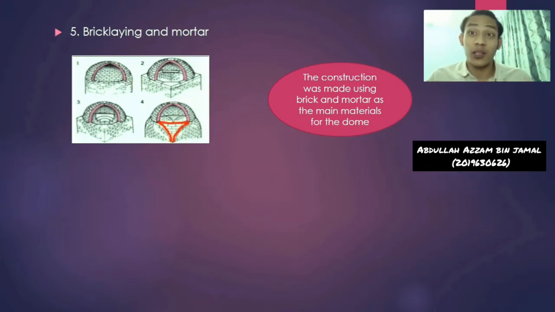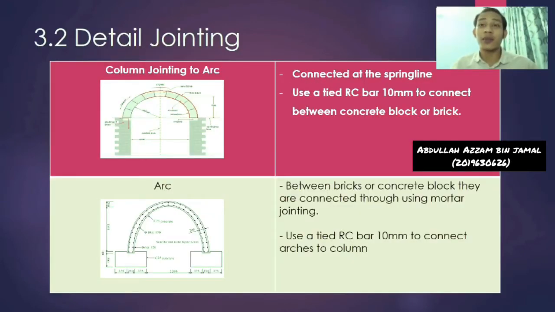So next is about the 4 main jointing of Hagia Sophia, which is column jointing to arch, which is they will be connected at the spring line, and RC bar 10 mm will be used at both to connect between concrete block or brick, or to connect arches to the column.